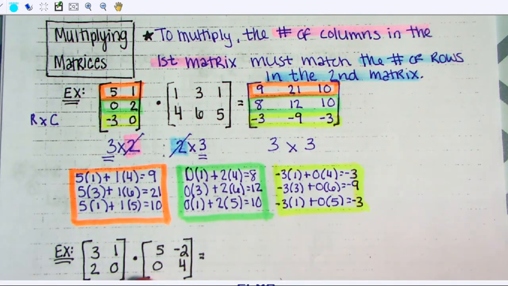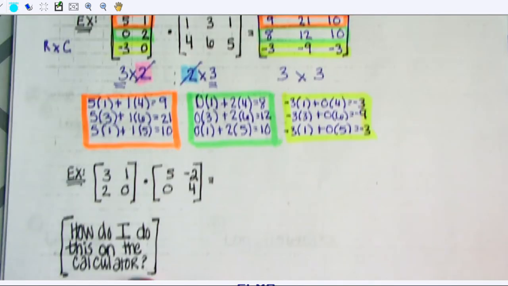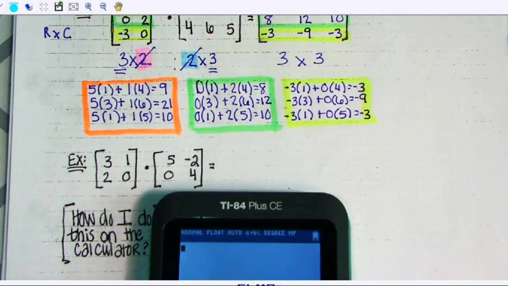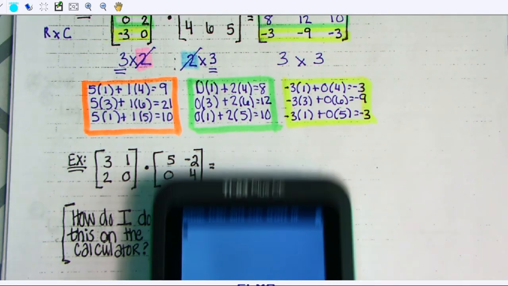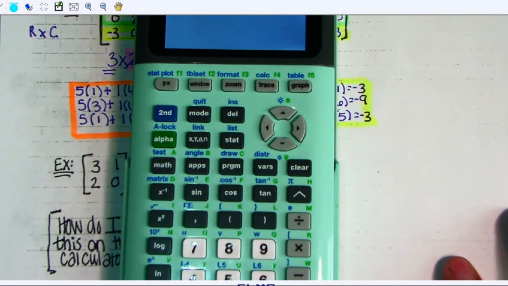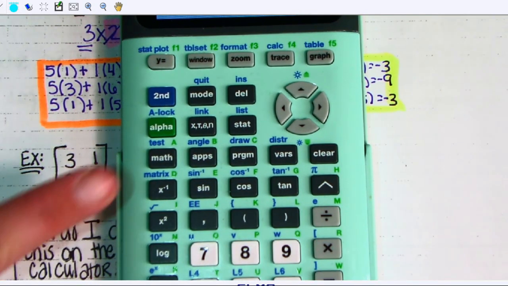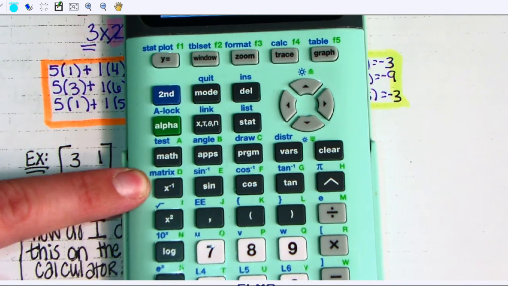So we're going to do this example down here. Okay. So the very first thing that you want to do is on your calculator, there is a matrix button. It's right above the x to the -1.